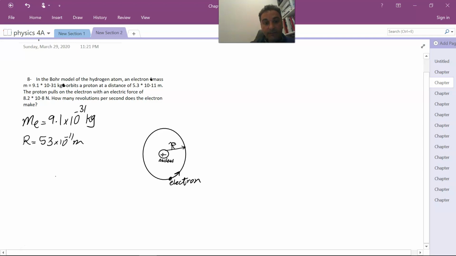We will go over this topic of electric force in physics for free. So the proton pulls on the electron with an electric force of 8.2 times 10 to negative 8 newtons. How many revolutions per second does the electron make? So N means number of revolution.